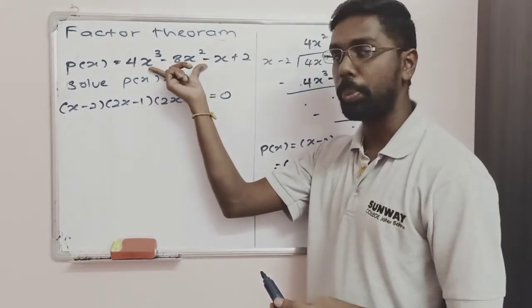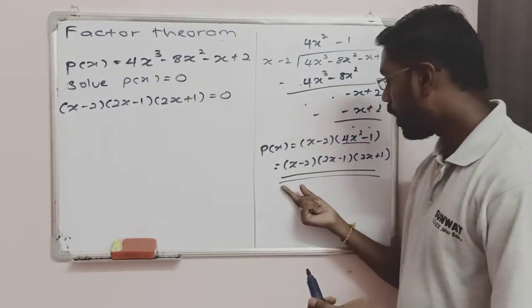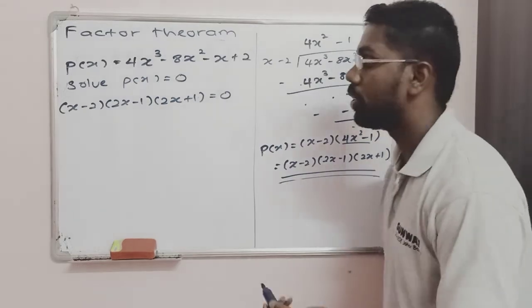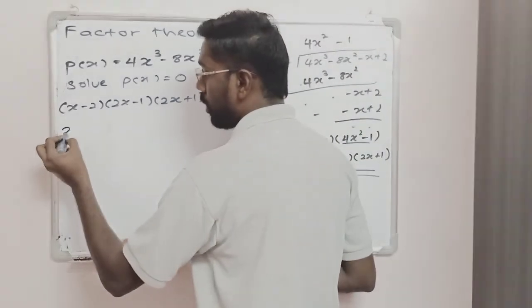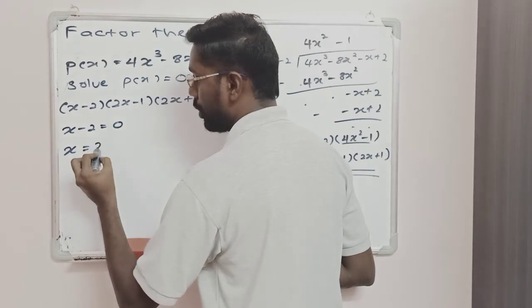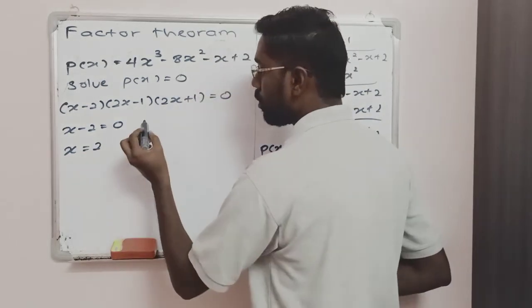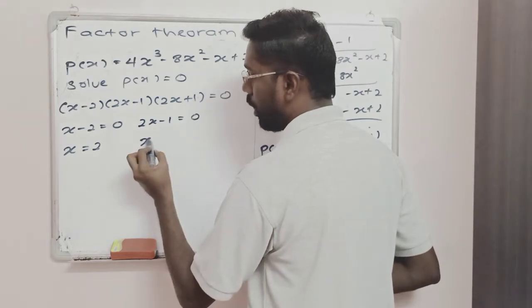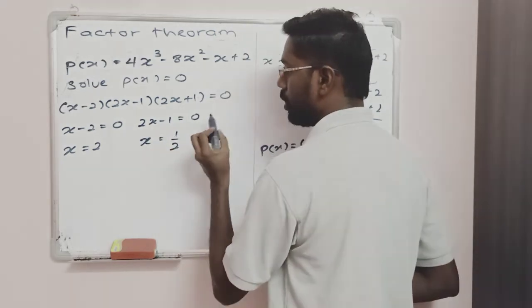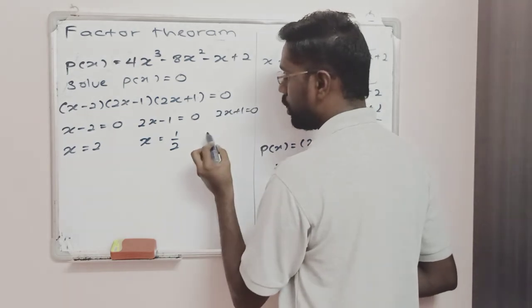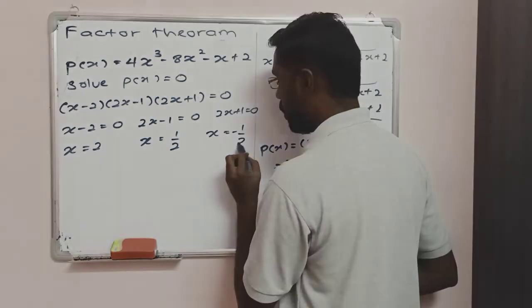So either x minus 2 equal to 0, so x equals 2, 2x minus 1 equal to 0, so x equals 1 over 2, and 2x plus 1 equal to 0, so x equals negative 1 over 2.